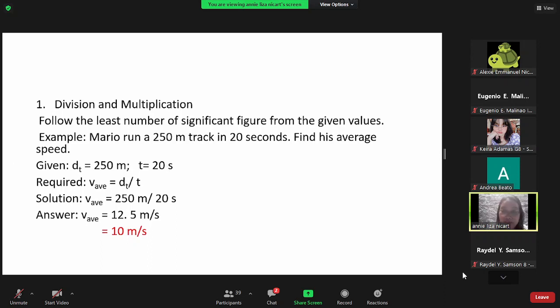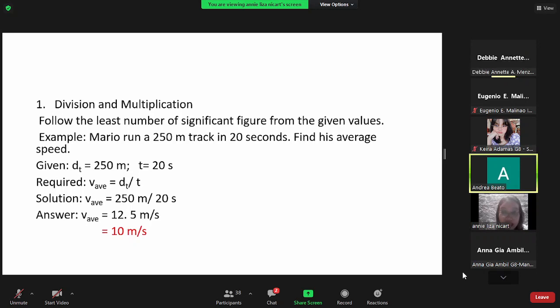From your calculator, 250 meters divided by 20 gives 12.5. How many significant figures does 12.5 have? 3. So it's not yet the final answer.